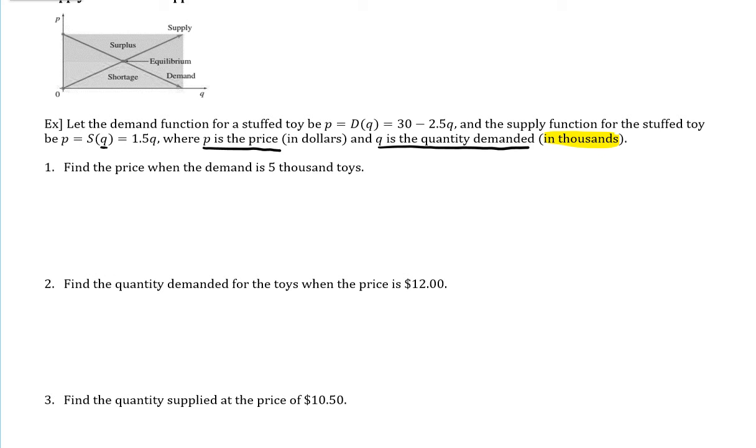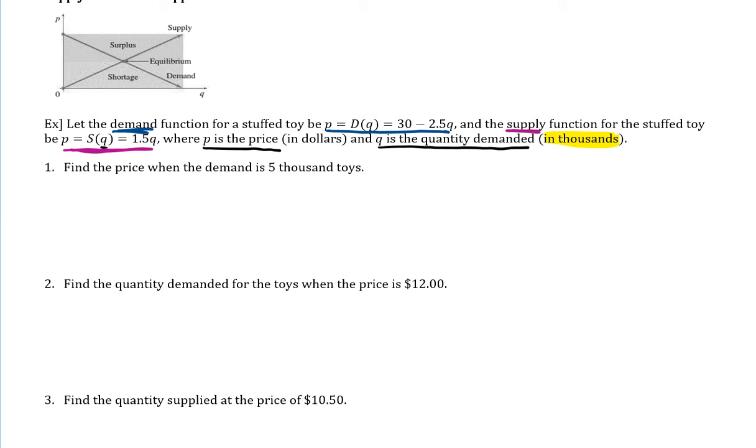Okay, so let's break these down. The main thing is just to make sure we've got the correct match. For instance, I'm going to do demand in blue, and then let's make sure we've got our supply is that one. Notice there are kind of three parts to it. The weird equals, that's okay. We'll still show how they want us to break it down.